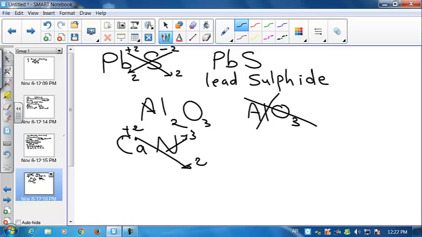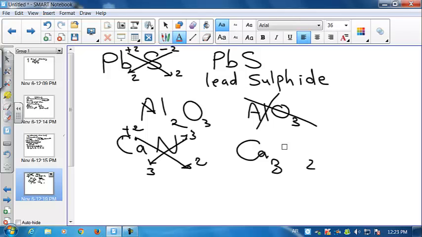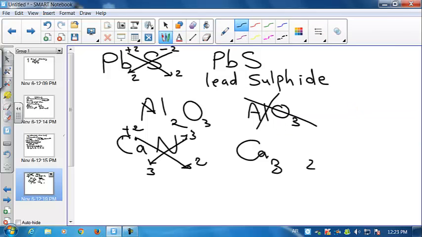So the 3 is put under the calcium, so it will be Ca3N2. Okay, type. Count the total. So Ca3N2.